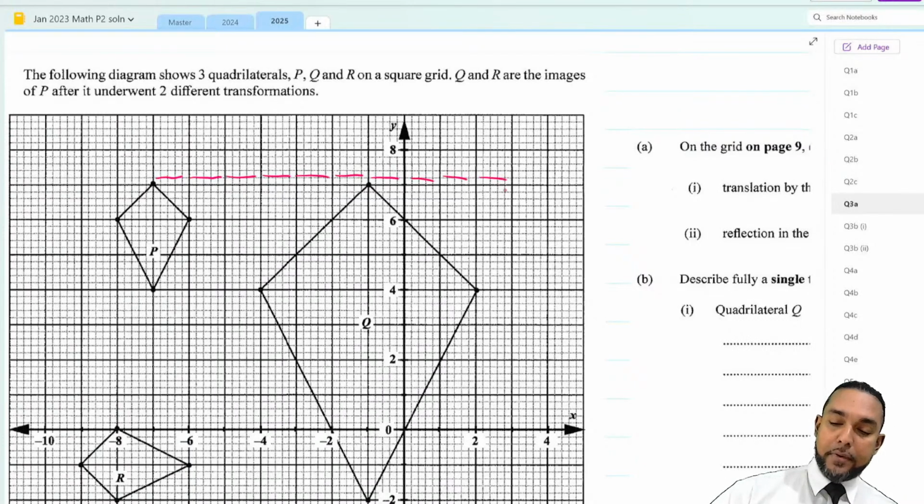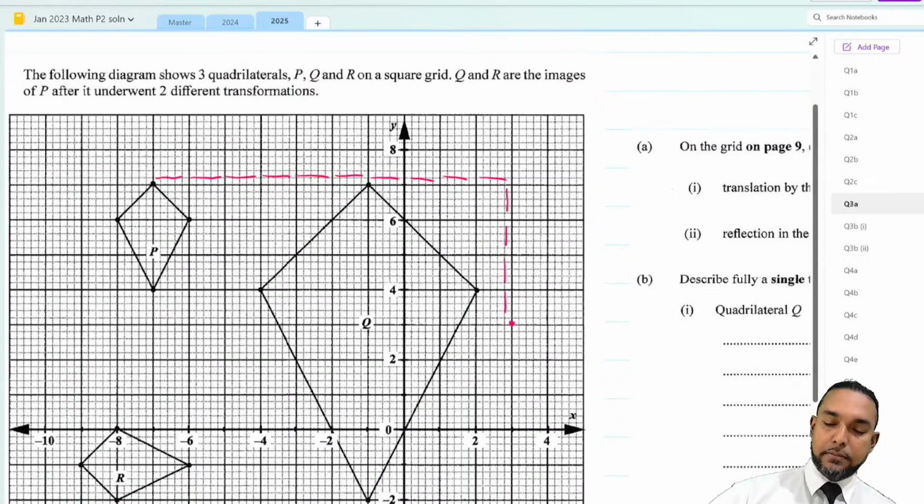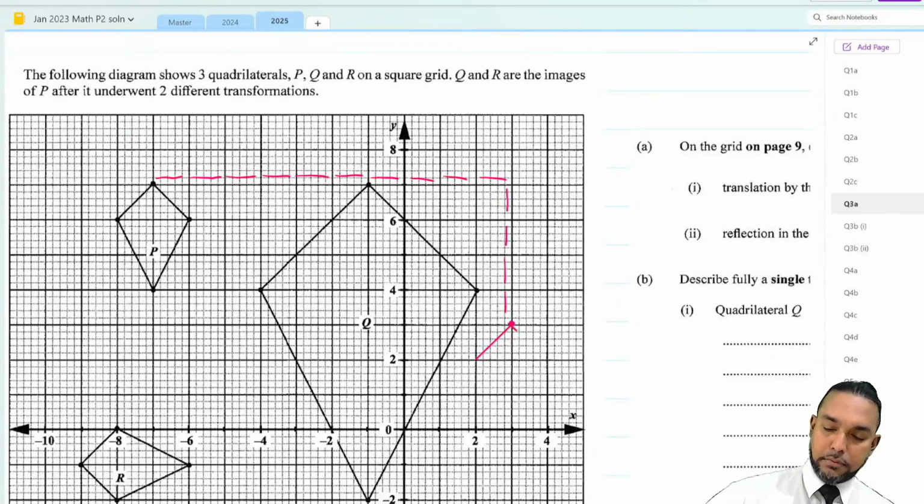And then 4 down: 1, 2, 3, 4. So here, that'll be the top, and then we can simply draw in the rest of the shape. And this is P prime.